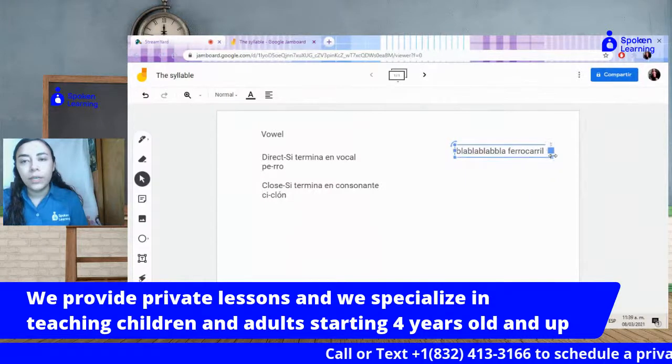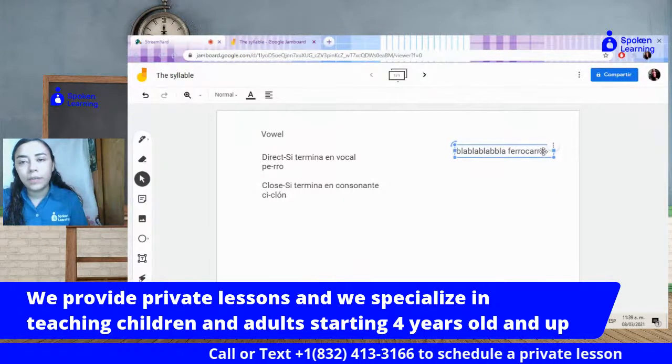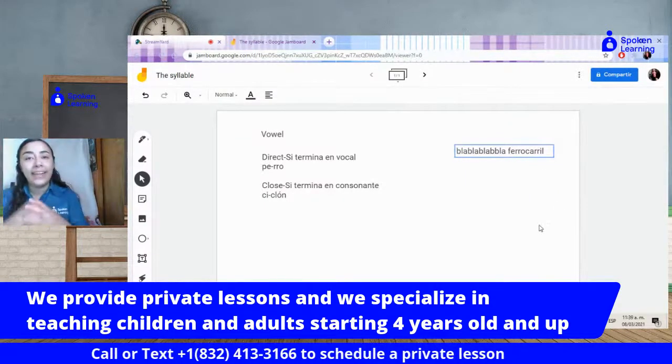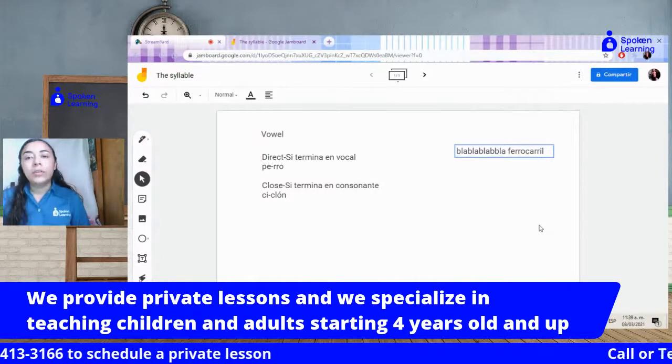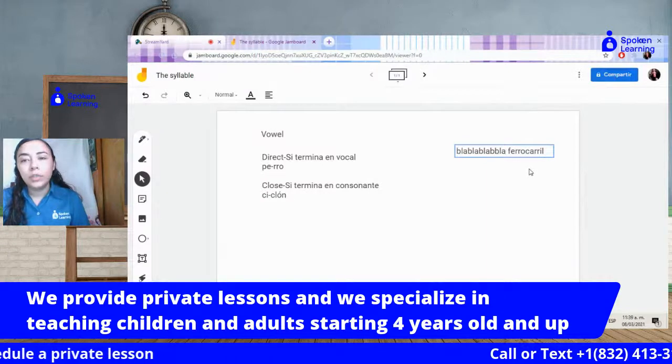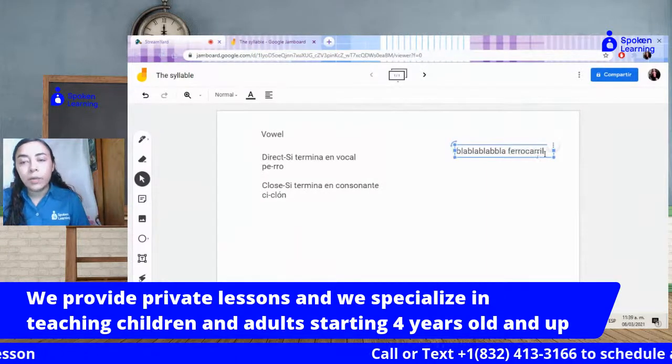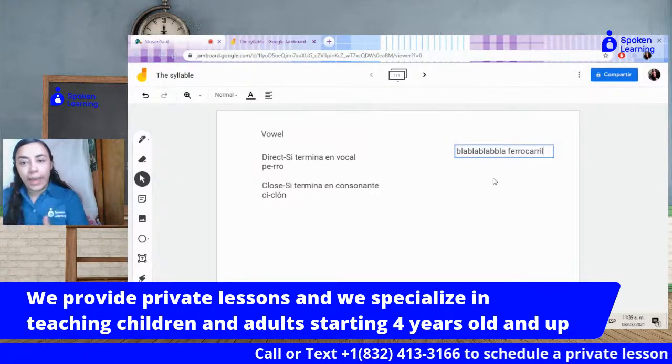It's a long word. Imagine that you don't have any more space in your sheet or something like that. So you need to separate the word. The word must be separated by syllables.